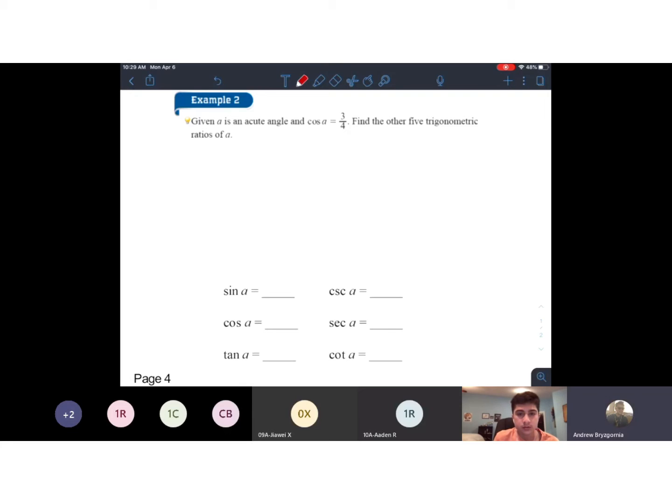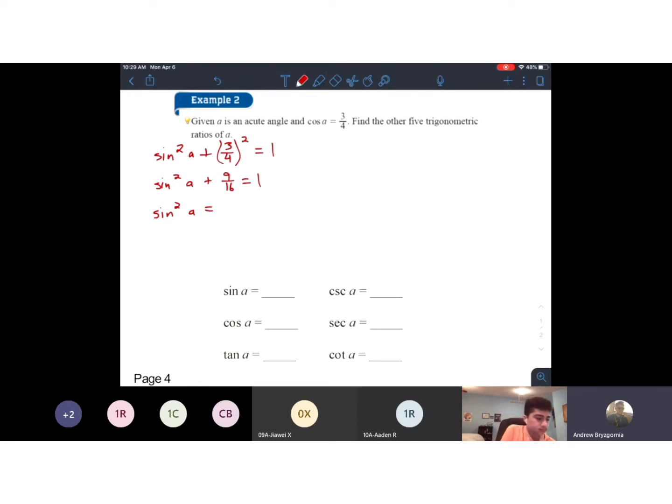Cosine. So sine squared A plus 3/4 squared equals 1. Good. Yep, and then now we just need to start simplifying. So we get 9/16.